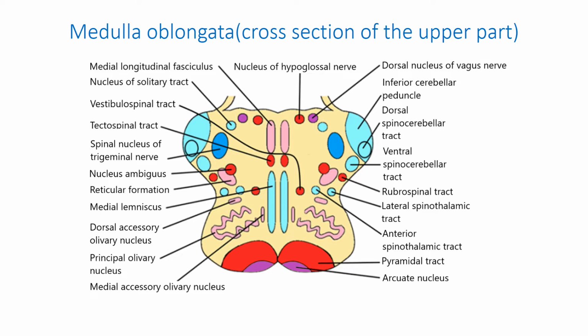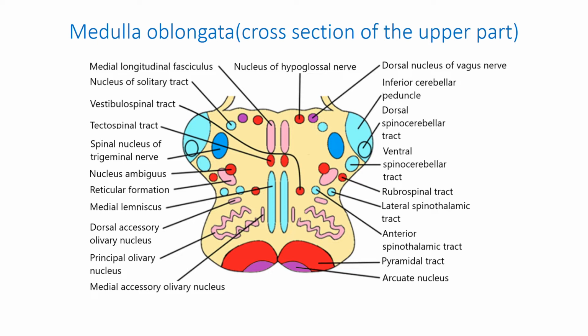Large compact bundles of nerve fibers form the inferior cerebellar peduncles, which house the dorsal spinocerebellar and olivocerebellar tracts, among others. The ventral spinocerebellar tract lies more anteriorly near the surface of the medulla.